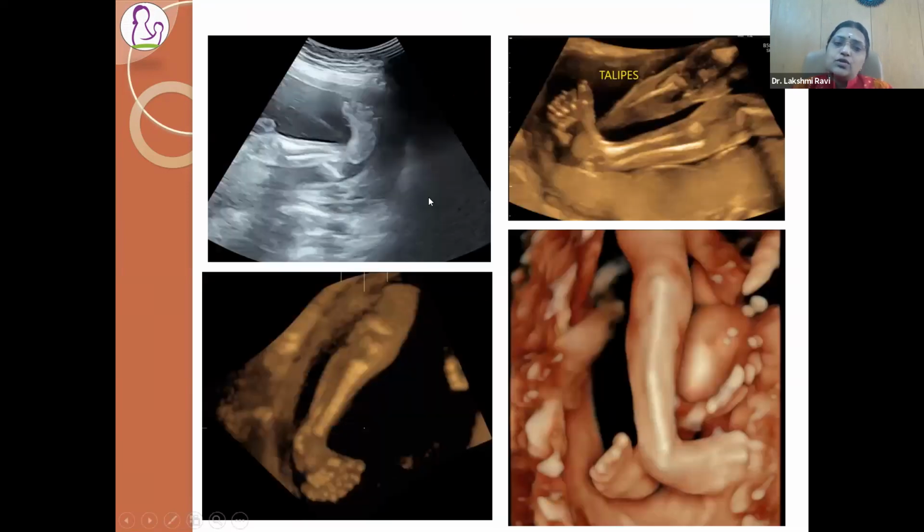And surface anomalies. So obviously this is a talipes, and you can identify it with 2D ultrasound, but the extent of the malformation matters, and this really helps when you counsel the woman, like how the baby's foot would look and what corrective things the baby might need in the near future.